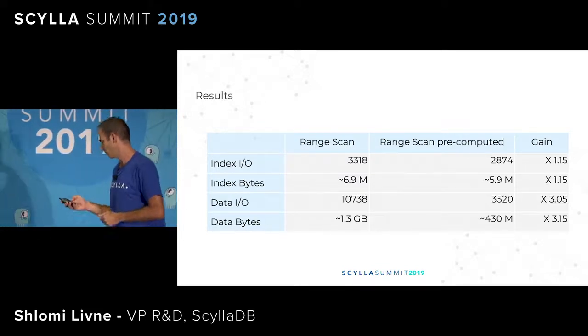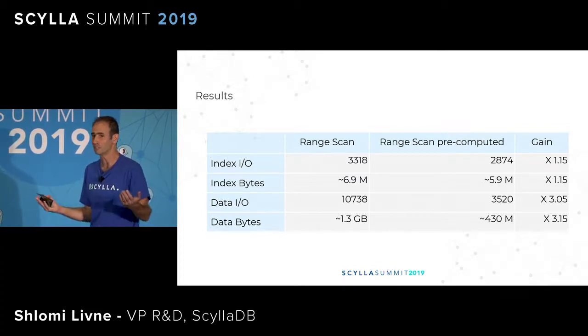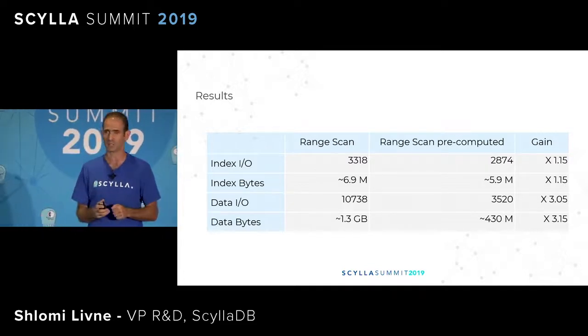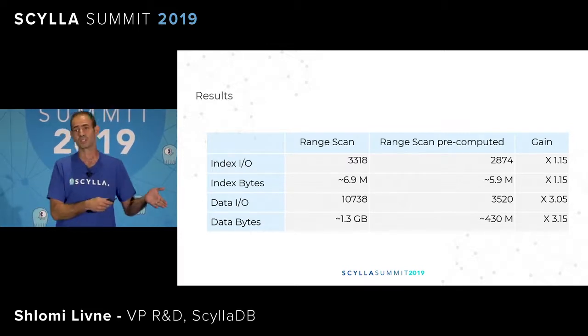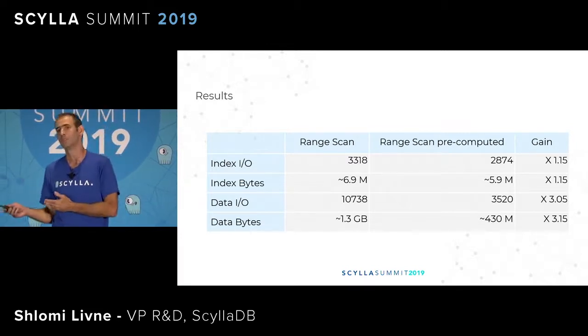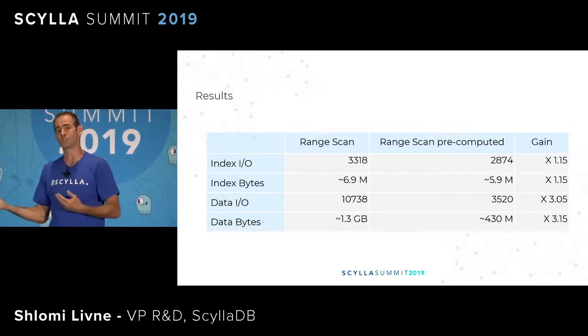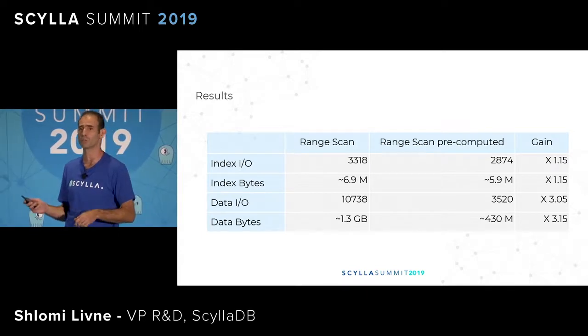And the data bytes read is again dropped 3 times. Is that good enough? Well, someone needs to judge if this is good enough or not. Another option is to have all those min and max stored in a different table. This will be better, but there is a higher cost. When a day or sensor is removed, you need to do it in 2 tables. So there is a cost associated with that.